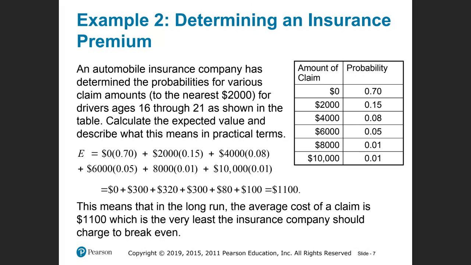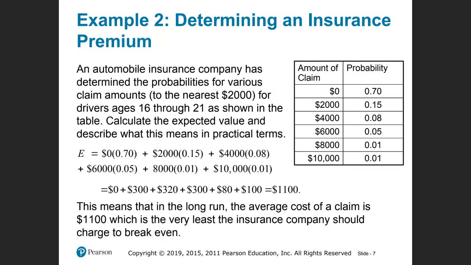So, E is equal to the sum of all these, which would be the amount of the claim is 0, probability is 0.70, so that's our first number, plus 2,000 times 0.15, plus 4,000 times 0.08, plus 6,000 times 0.05, plus 8,000 times 0.01, plus 10,000 times 0.01.